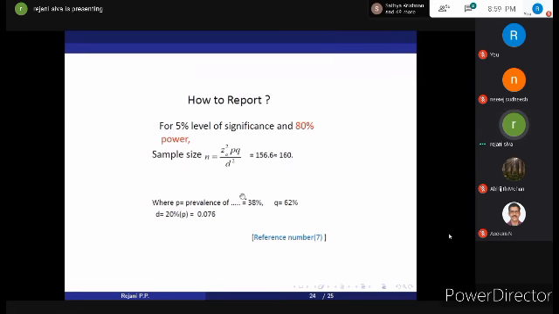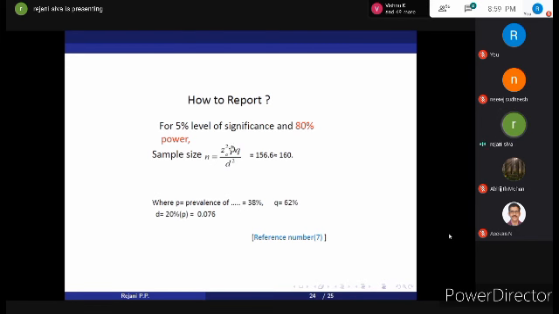How to report? See the significance level. 5% significance level is the traditional value, 5% error, and 80% power. The power is not mentioned in the formula, and we have given the formula, maybe for a prevalence study.